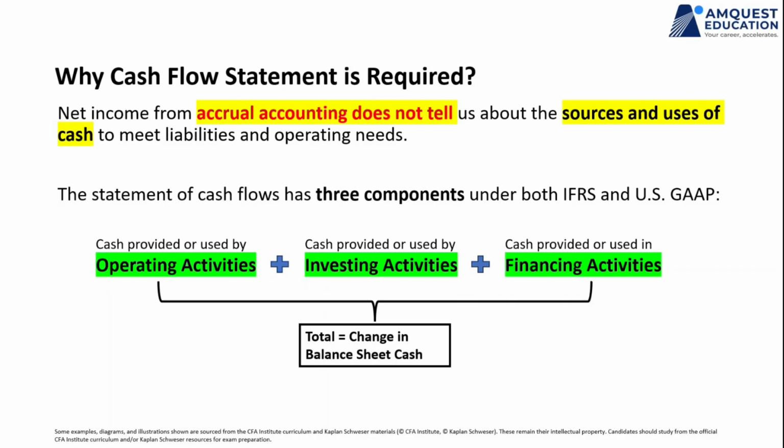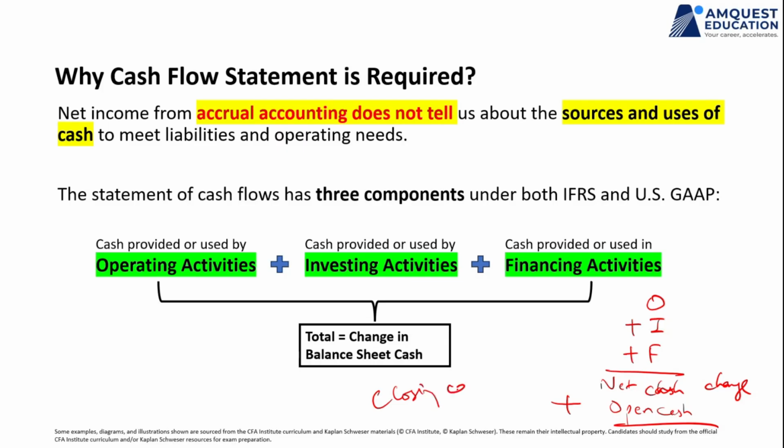The total of all these three is your change in balance sheet cash. Operating plus investing plus financing gives you net cash change, and this you add to your opening cash to conclude your closing cash balance.